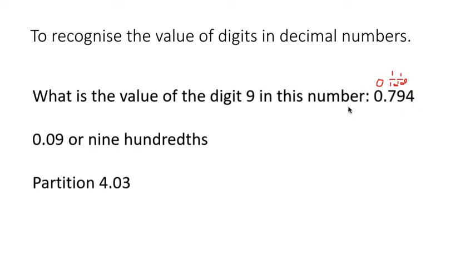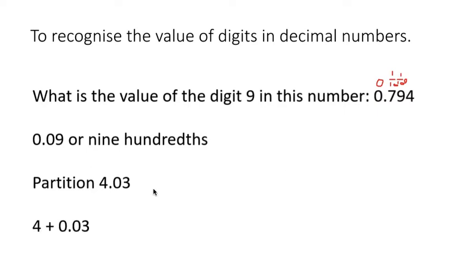Okay, what about then partitioning 4.03? Partitioning or expanding it, what do you add together to make 4.03? Take a moment to write it down. Okay, and let's look together.